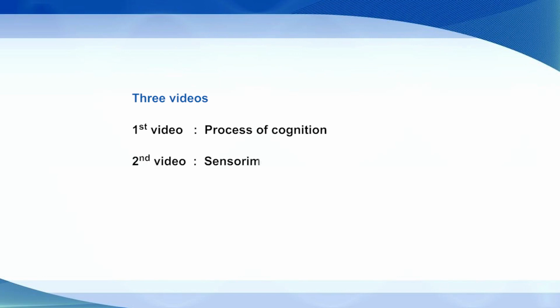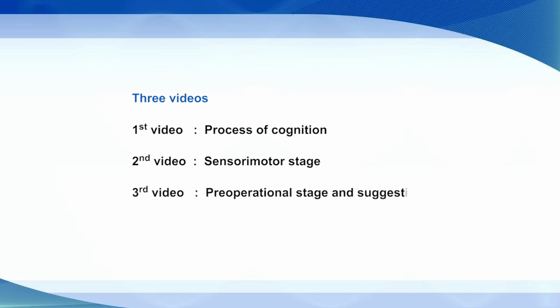This module comes to you in the form of 3 videos, with this video specifying the process of cognition. The second video is going to elaborate on the first stage of cognitive development, that is the sensory motor stage. And the third video is going to elaborate on the second stage of Piaget's cognitive development, what we call the pre-operational stage, and it also would give you some suggestive strategies on how you can stimulate and enhance the environment of a child's learning.